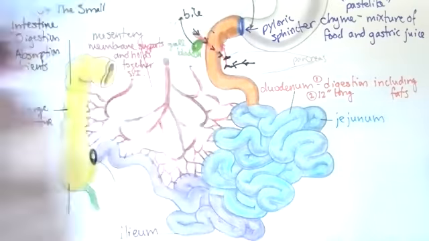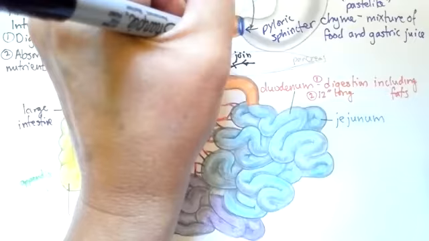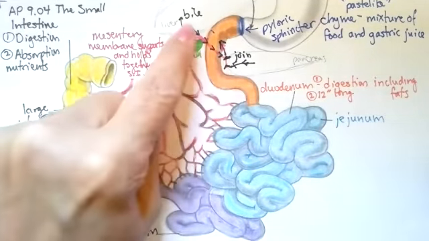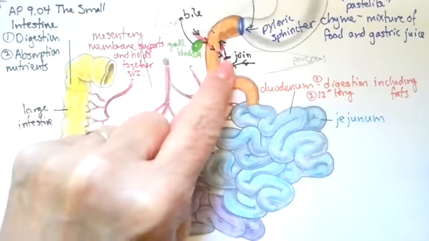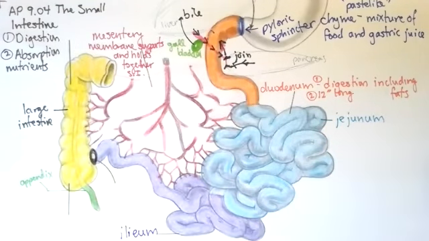And we get a common duct here. The two ducts join, and then they dump everything into the duodenum. So this duct comes over, this duct comes up, they join, they form a common bile duct, and it all gets dumped into the duodenum. So we've got a couple of different substances we want to talk about here.